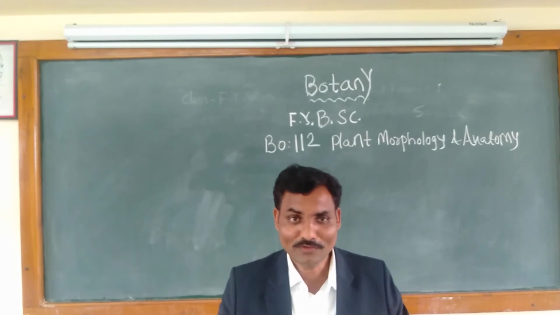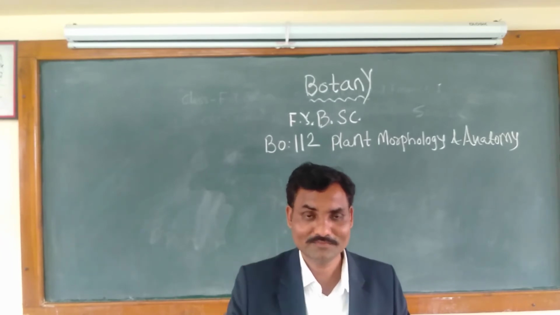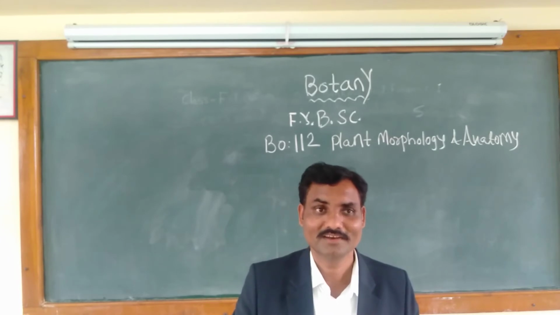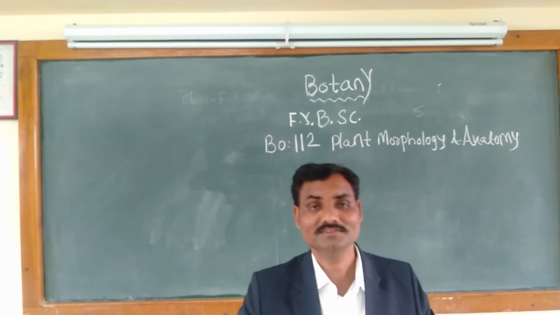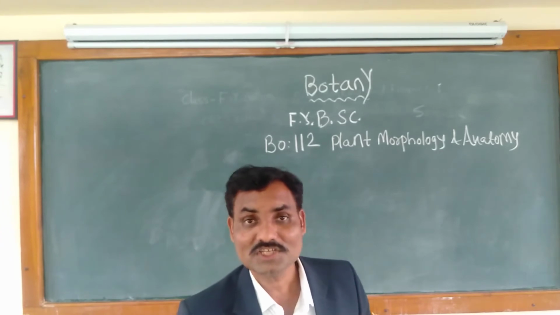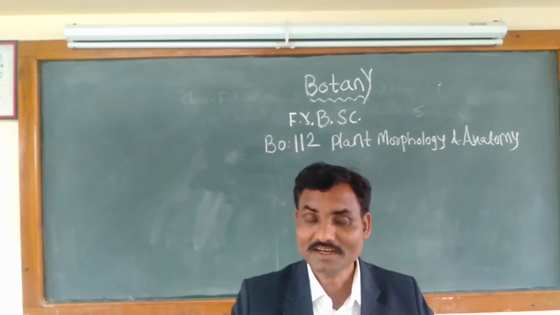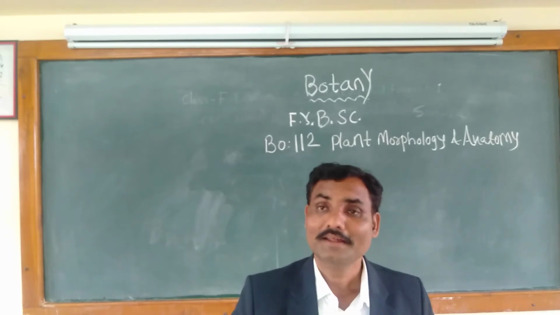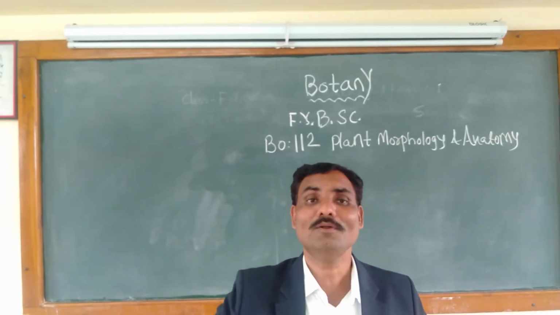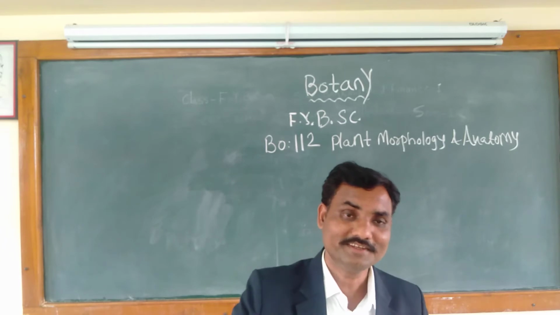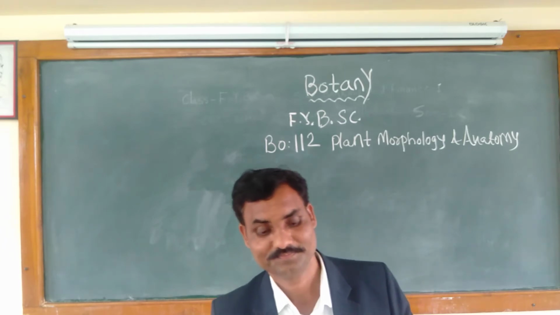The arrangement of flowers on the inflorescence axis, that is called inflorescence. Then introduction and definition of this inflorescence are studied in this 2nd chapter. Then which are different types of inflorescence, that is also studied in this chapter.